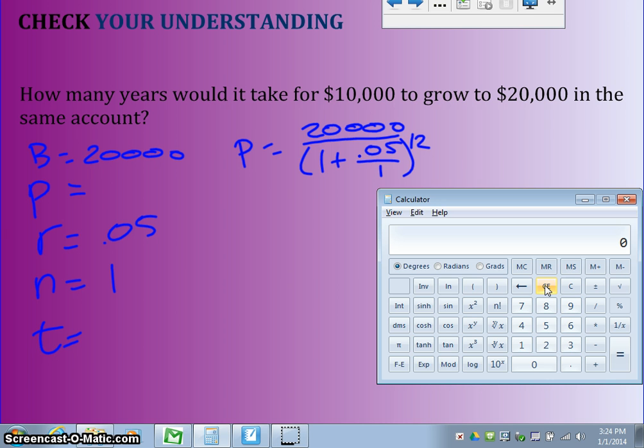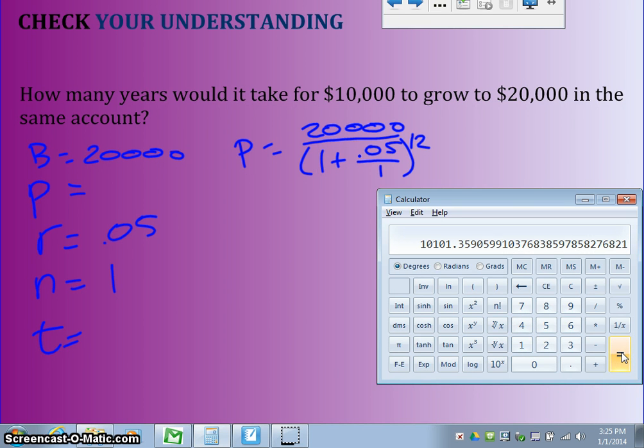Why do we need longer? We need to be able to put in less money, so it's going to take longer for that to yield out to 20,000. So let's add a couple of years and let's try 14. So we've got 20,000 divided by my 1 plus 0.05 divided by 1, all to the 14th year.